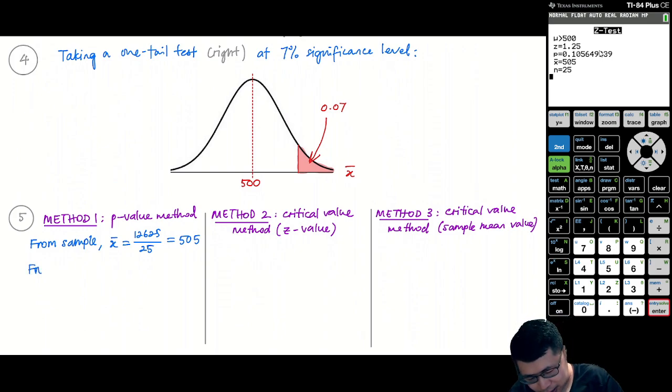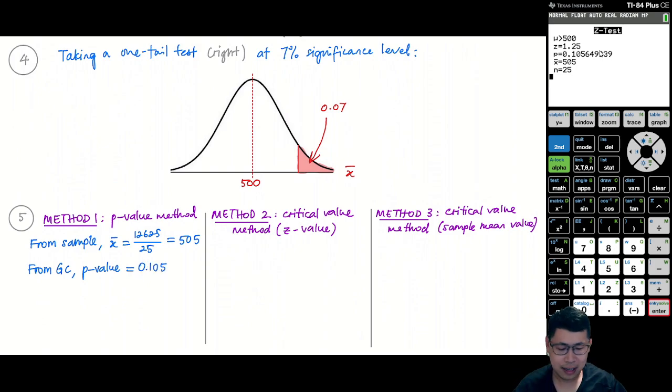So I'm going to write down my p value here. From GC, p value is equal to 0.105. I will look at this p value, which is a probability, and compare it with 0.07. This one is actually more than 0.07.